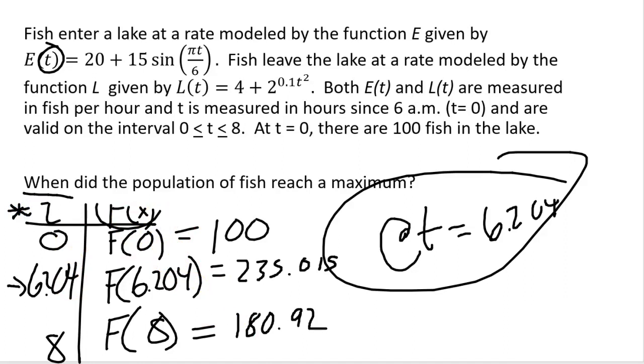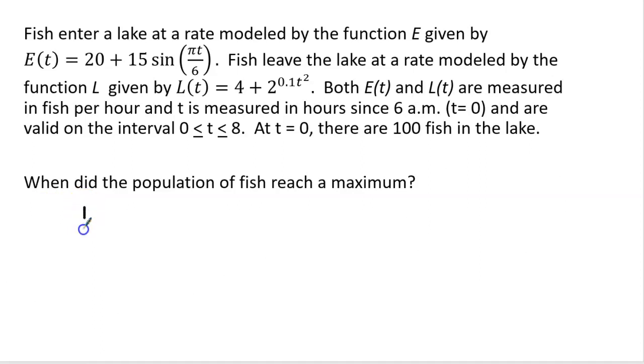Okay, so now if you hadn't already done it on the previous problem, it might be a good idea to show this as well. Show that you did know that f prime has to equal 0, right?